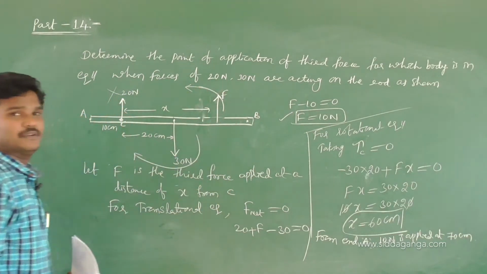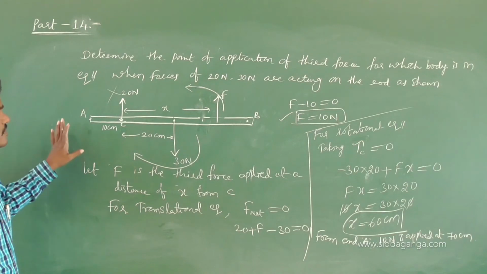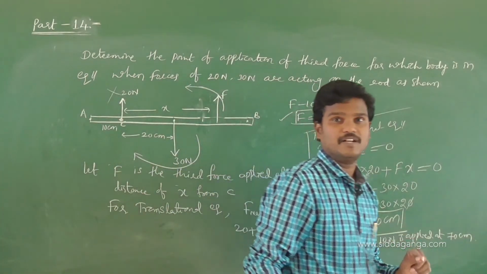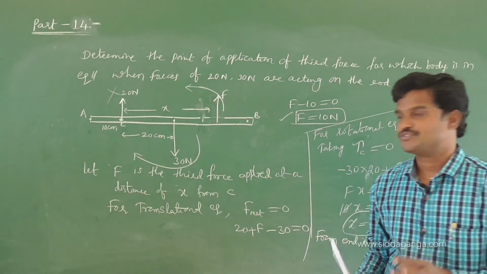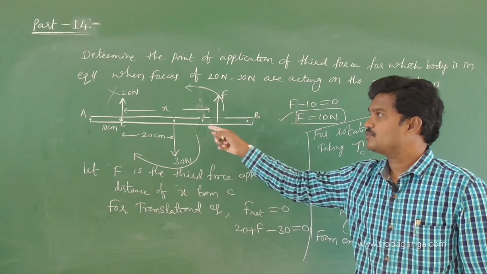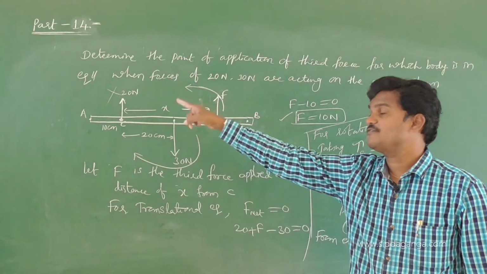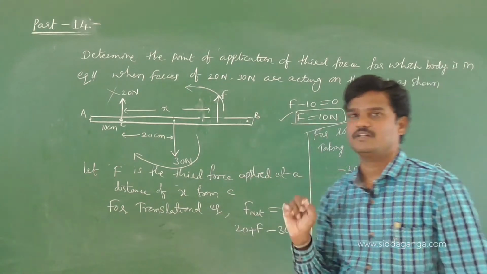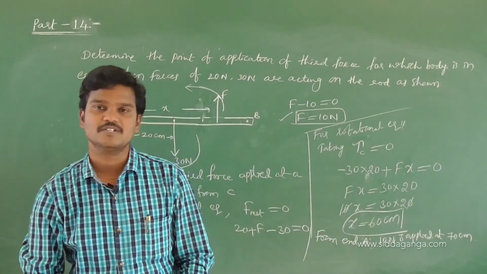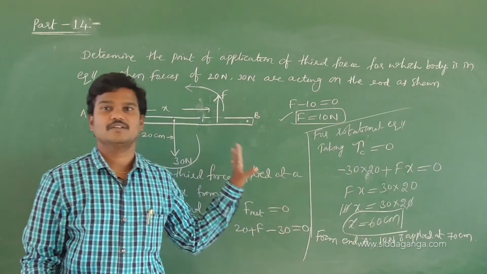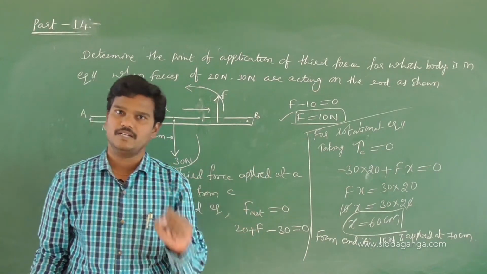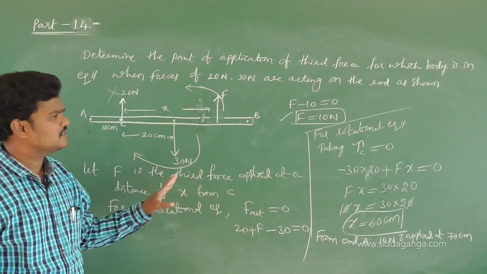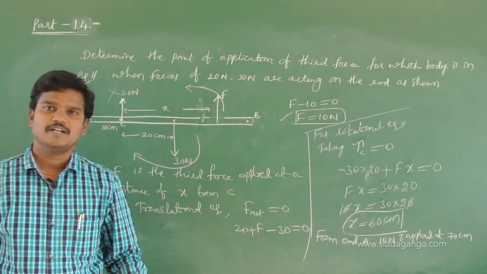So the answer is this rod is said to be in mechanical equilibrium if we apply 10 Newton force at a distance of 70 centimeter from A or 60 centimeter from C. So this is the method. I am using the translational equilibrium concept and rotational equilibrium concept, so that the rod is said to be in mechanical equilibrium. So practice these types of questions and apply the same concept for your NCERT problems and others also.